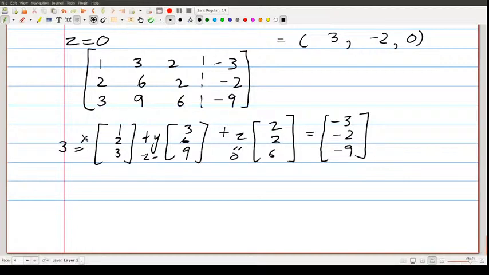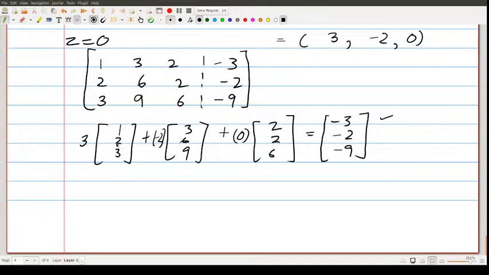So 3 times 1 is 3, 3 minus 6 is minus 3, so I get the first value. The first value checks out. Now the second: 3 times 2 is 6, 6 minus 12, oops, this is not a solution.